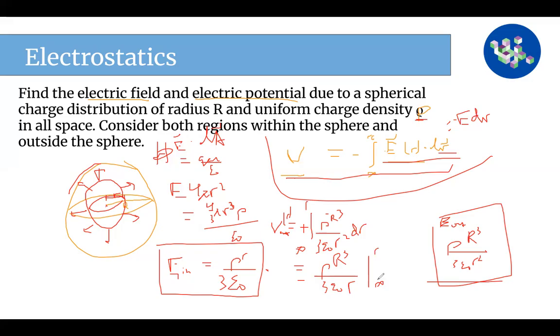Well, when it's at infinity, it's going to be equal to 0. So we only really care about when it's at r. So it's just equal to rho R cubed divided by 3 epsilon 0 times r.